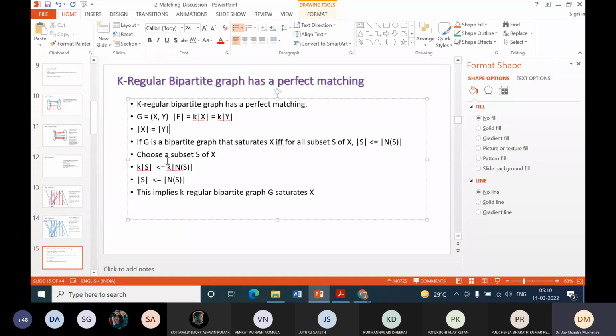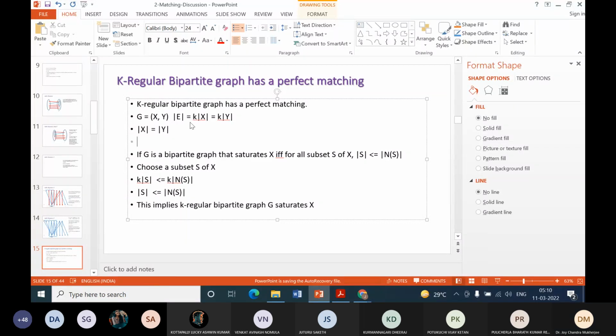This proves that both partite sets of a K regular bipartite graph have an equal number of vertices. Now I have to prove that it has a perfect matching.